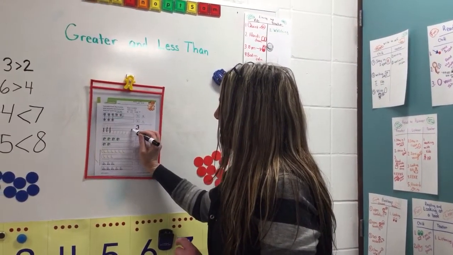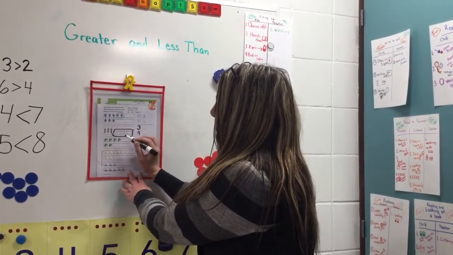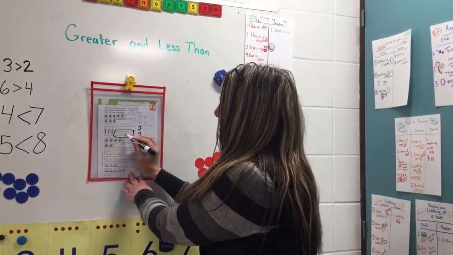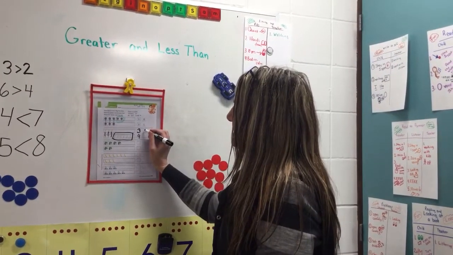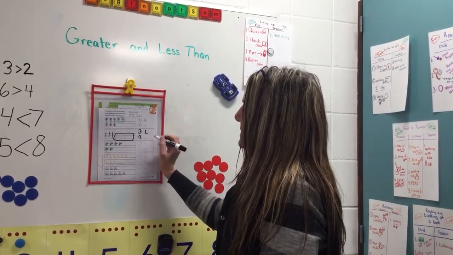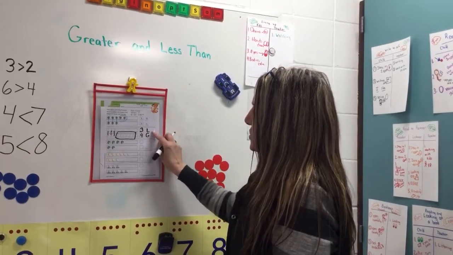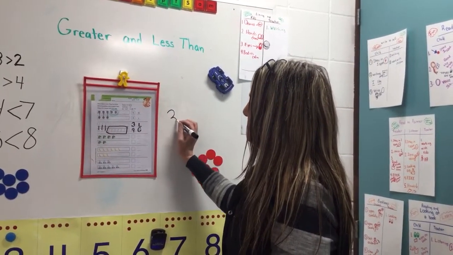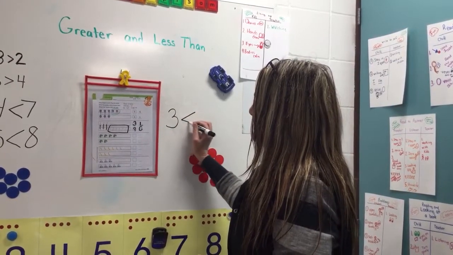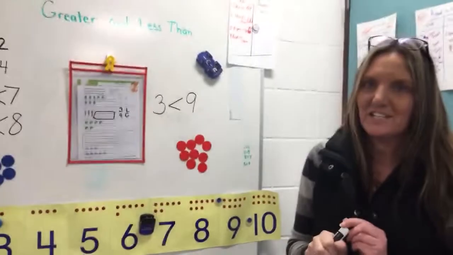And if I want to, I can circle the extras, or I can just count them. 1, 2, 3, 4, 5, 6. I know that 3 is less and 9 is greater. So I wrote that there, and I have to write the equation if I want to. 3 is less than 9, because that alligator mouth wants to touch the 9.